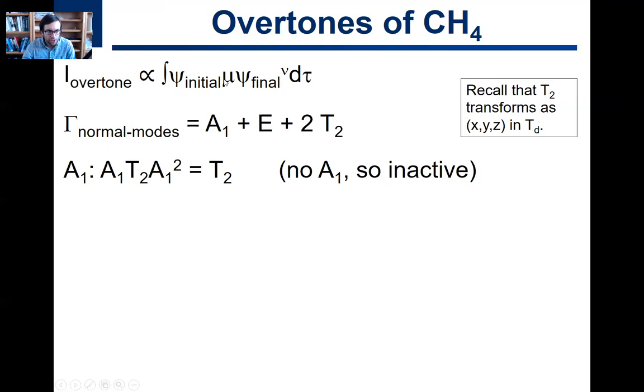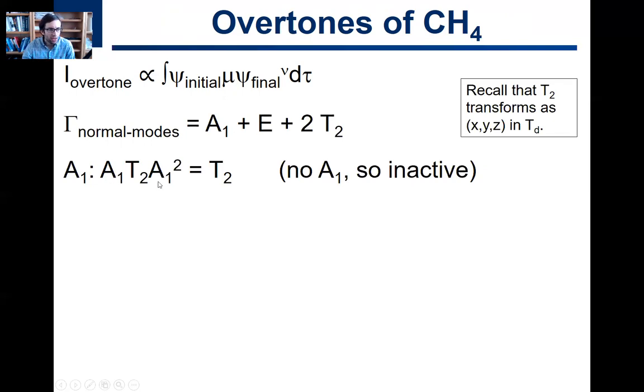Then you have the transition moment operator, that is T2, I just said that, so we plug that in here. And then we have the final state, where we're going to, and we're asking about the A1 overtone. So that's gonna be symmetry A1 squared.